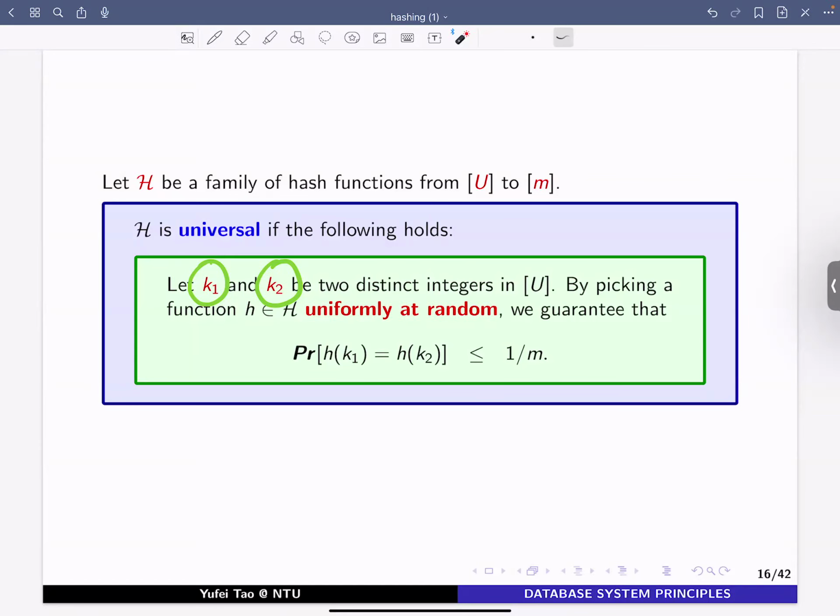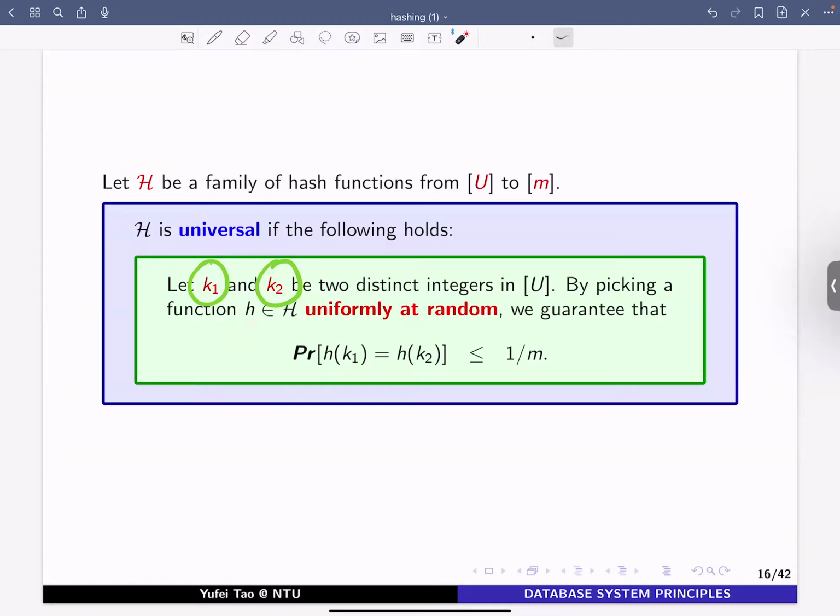Well, interestingly, this is exactly what is required by the universal property. Now, if you think about this collision event, first of all, it is a random event. Why is it a random event? Because everything depends on what hash function I choose.